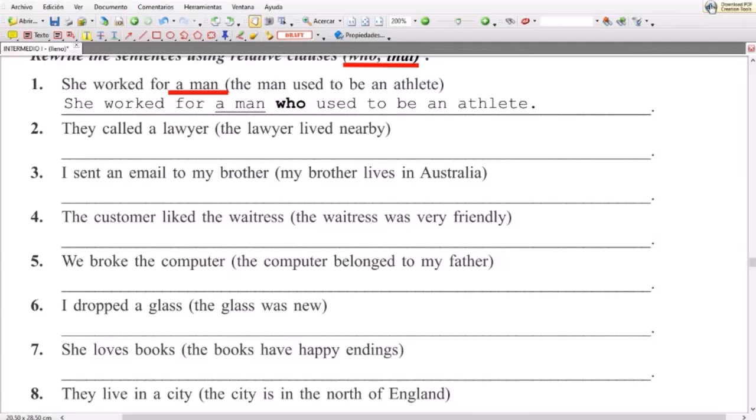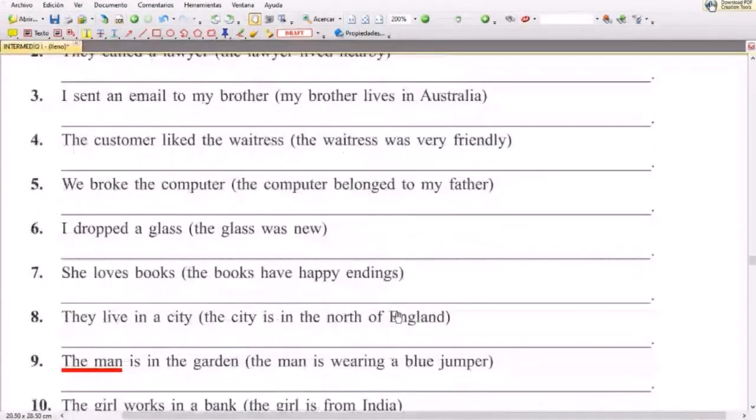Could be which too. But I feel it needs an is or was before, no? No, that belonged, que perteneció. So belong is already the verb pertenecer. Ah, okay. I dropped a glass that was new.